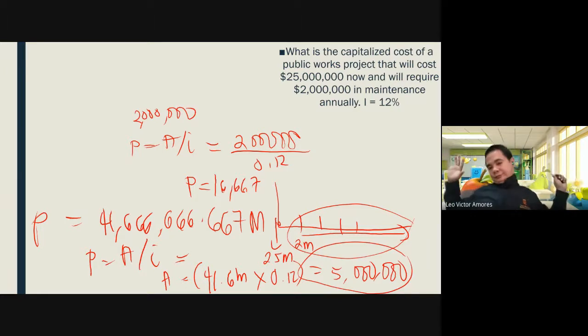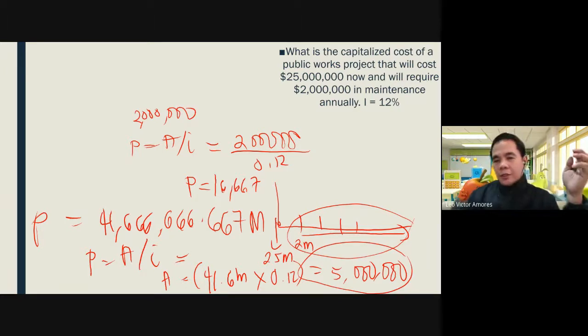So the 25 million you pay once for the project plus the 2 million maintenance every year is equivalent to 5 million every year.